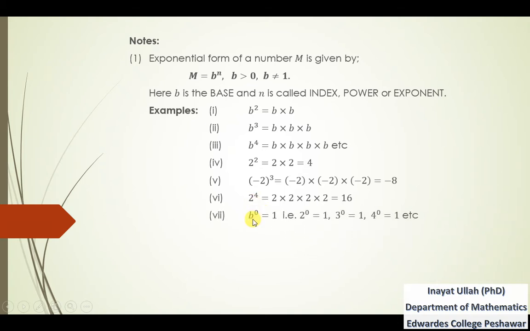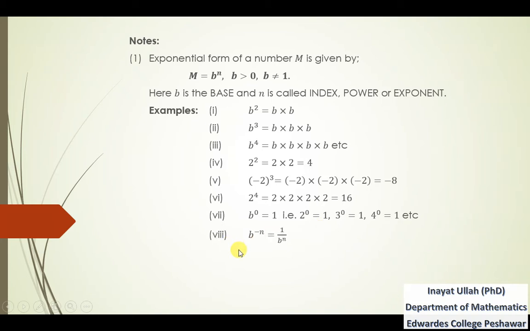Similarly, from this definition, b power 0, any number to the power 0, is 1. For example, 2 power 0 is 1, 3 power 0 is 1, 4 power 0 is 1. So a number to the power 0 is 1.